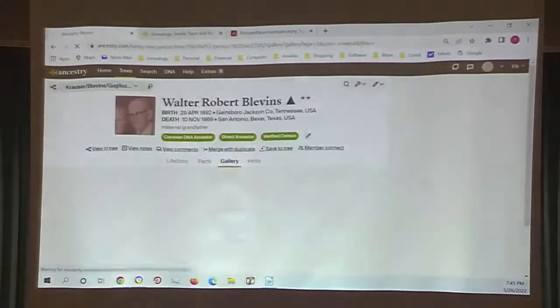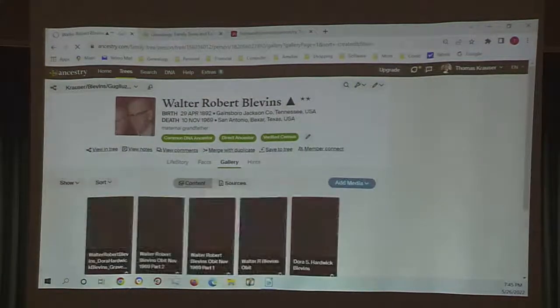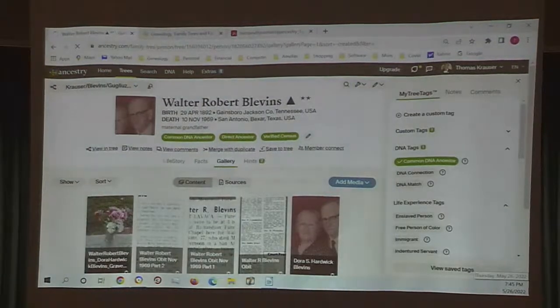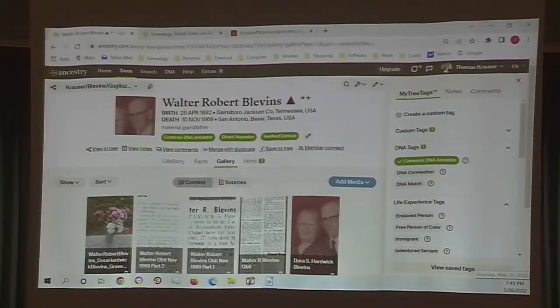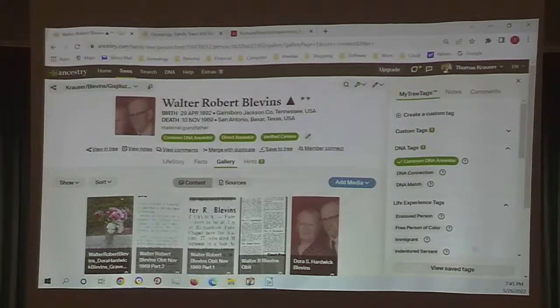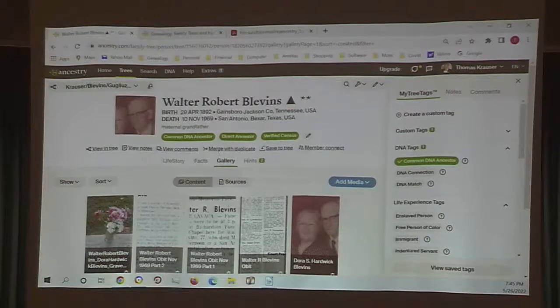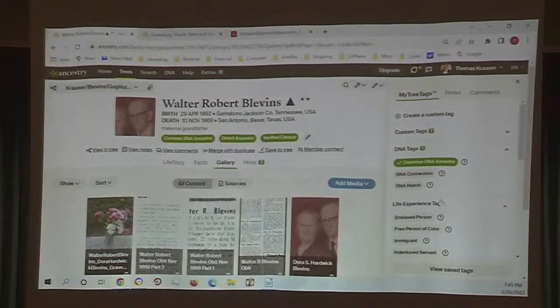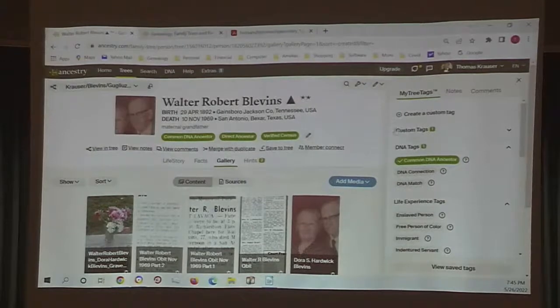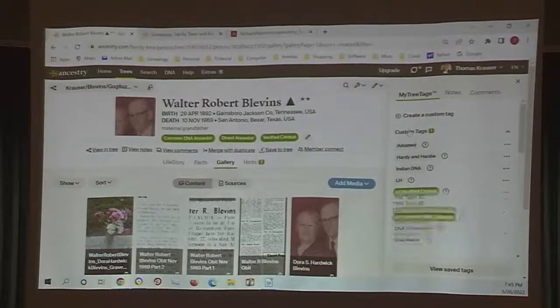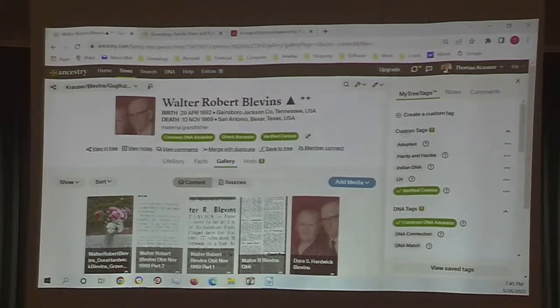The gallery is where you store all your documents, and this is where you want PDF files and not Word docs and stuff, because Word docs have to be downloaded and then opened in Word or something like that. We never finished up on tags. I also create custom tags.